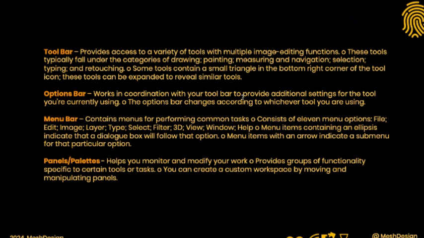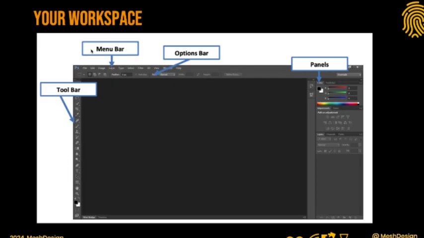So, explaining this, this is the menu bar here. The menu bar holds all these various menus: File, Edit, Image, and this menu bar has submenus.